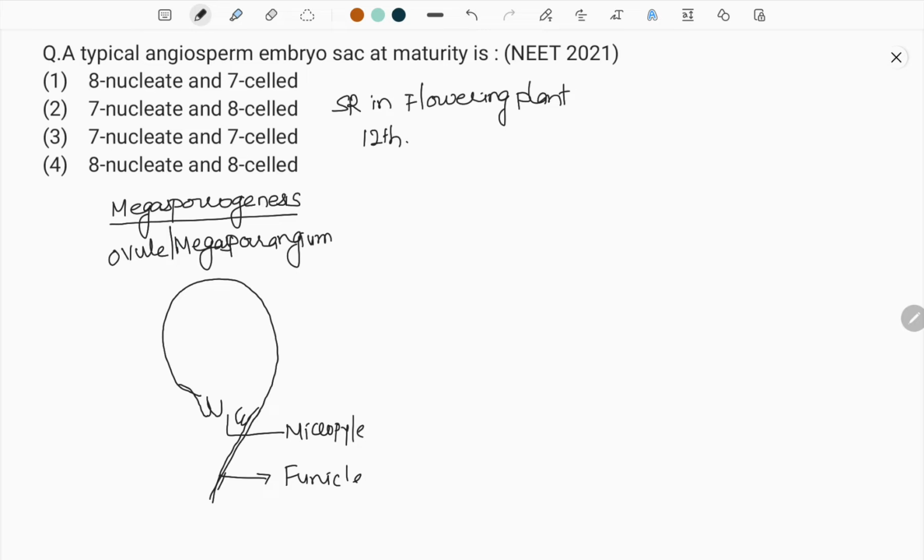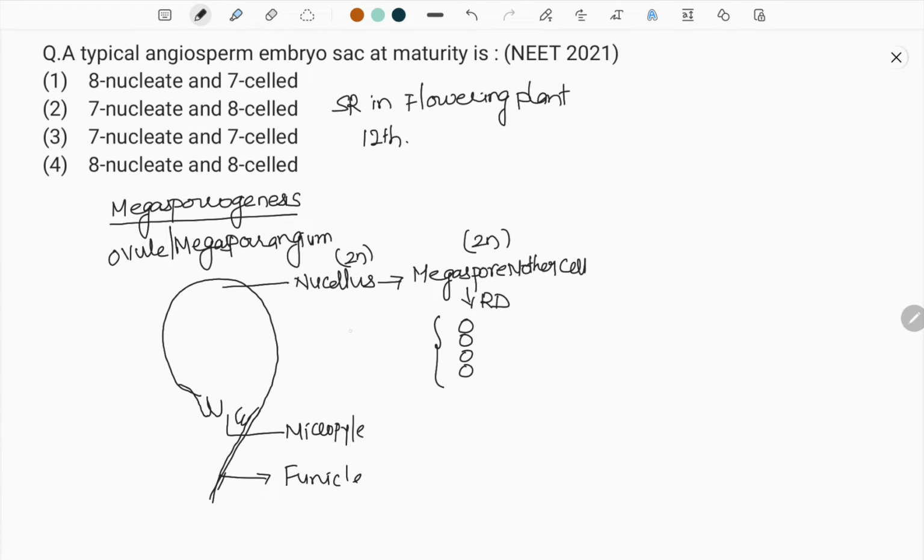The diploid tissue present in the megasporangium is called nucellus. From the nucellus, the megaspore mother cell is differentiated. This is diploid, and this megaspore mother cell undergoes reduction division to give rise to 4 megaspores.